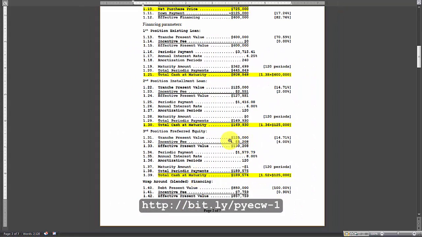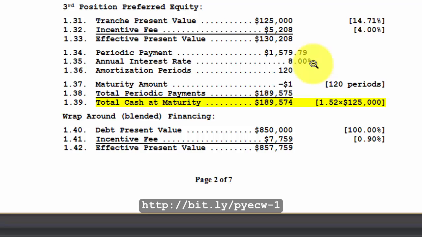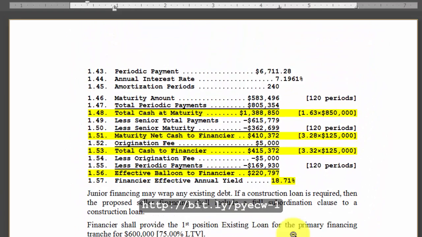But for the preferred equity financier, even though his nominal rate is 8% over 10 years, we incentivize him by showing the wraparound. If he holds his tranche position as a wraparound, and this can be done for equity in addition to being done for loans, you can just structure in the LLC operating agreement that the preferred equity membership interest is structured in this way.